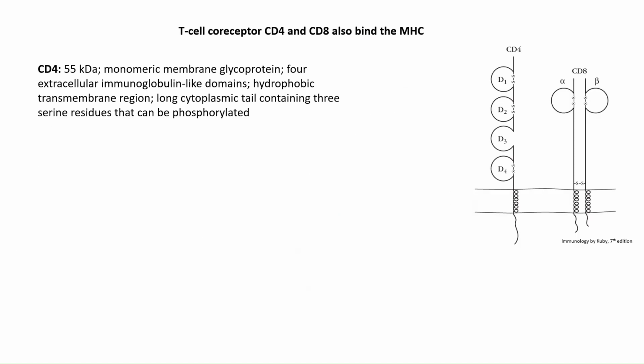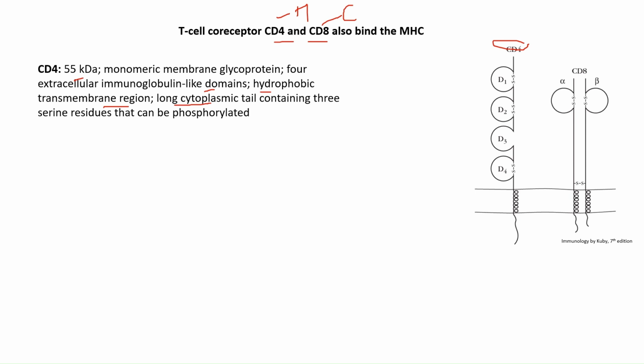Now if you talk about co-receptors, then we have CD4 and CD8. CD4 is present in T helper cells, CD8 is present in T cytotoxic cells. Now CD4 is 55 kilodalton, a monomeric membrane glycoprotein, with 4 extracellular immunoglobulin-like domains, a hydrophobic transmembrane region, and a long cytoplasmic tail. So this is the figure of CD4.